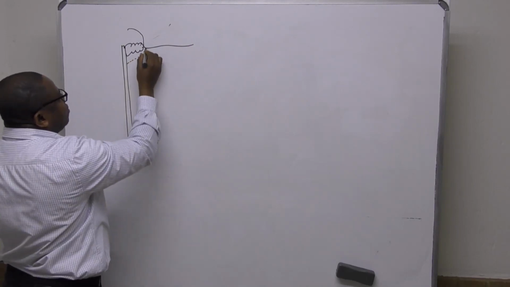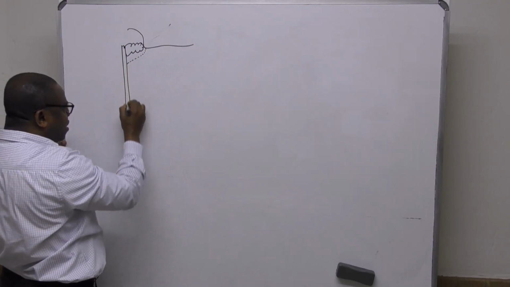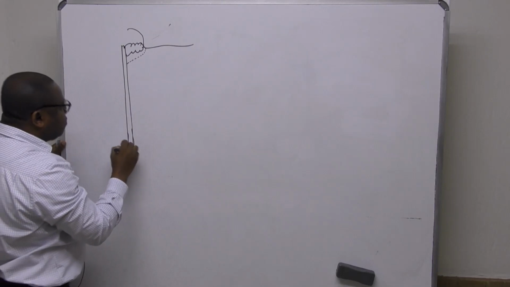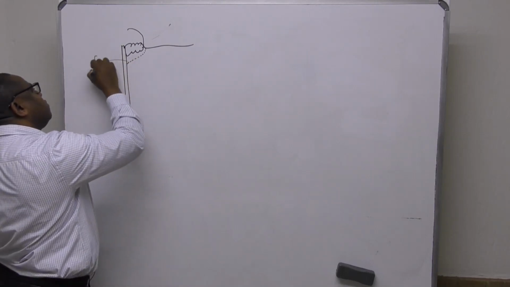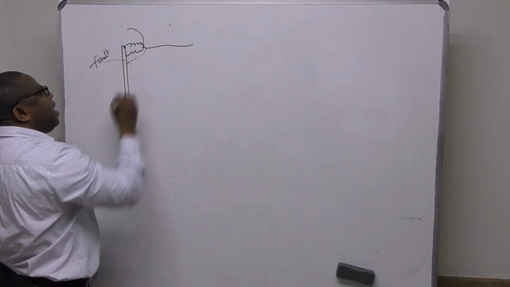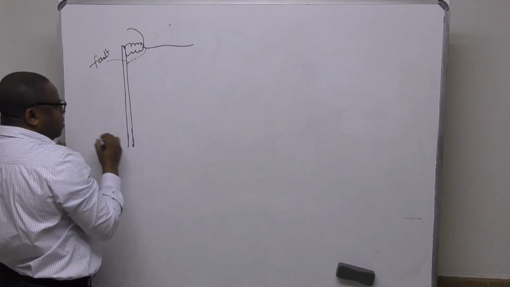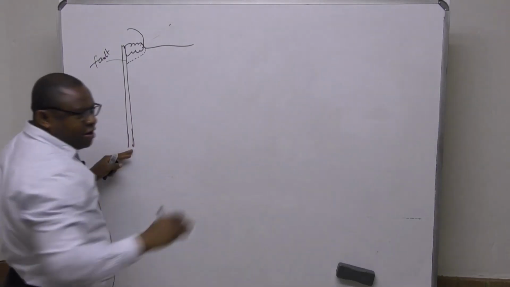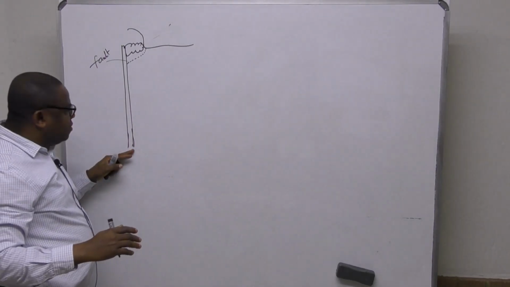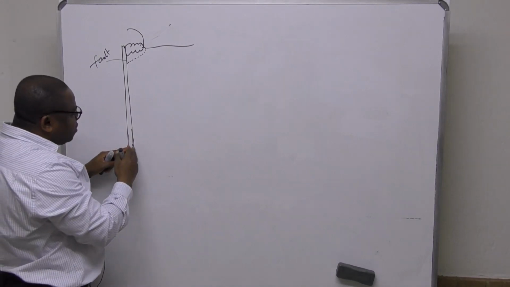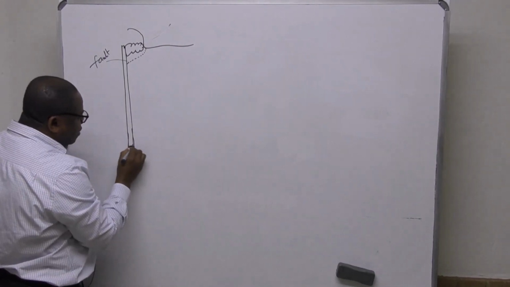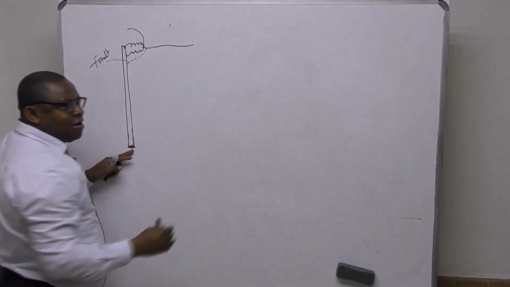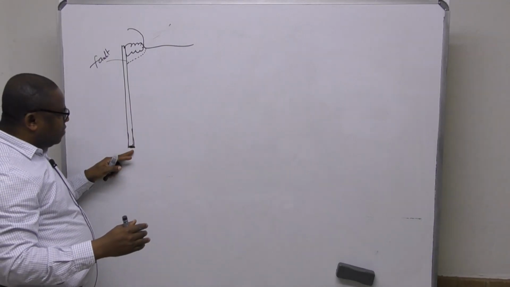So if a live wire touches this, then current is going to flow to the ground. And when it flows to the ground, this is a fault. Live wire touching that. So as it flows to the ground, it is going to flow from here to a remote area. If current is going to flow from this point to a remote area, it means that at this point, the potential is higher than any other remote area. Okay?